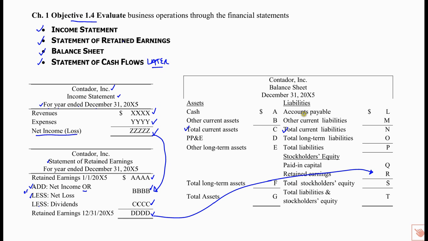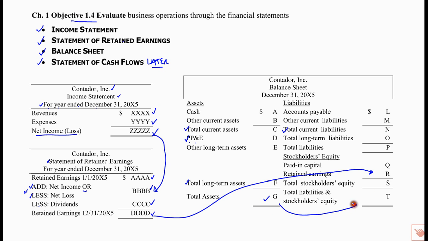Current liabilities are liabilities that are expected to be paid in the year. PP&E, an account we're going to see a lot, is property, plant, and equipment. These will be things like trucks, buildings, things you expect to last longer than a year. You may or may not have a total long-term assets line, but you'll have total assets here.